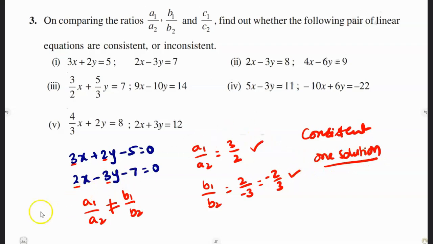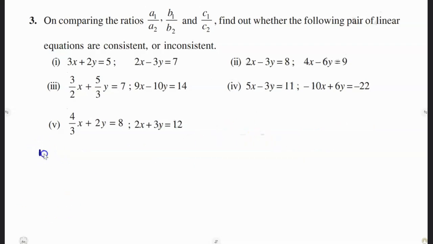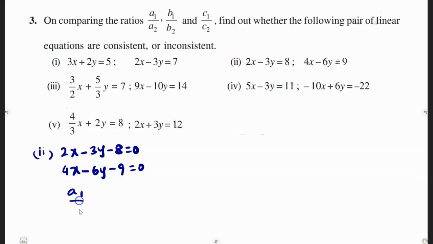Coming to the second one. In the second question also, let us rewrite the equations as 2x minus 3y minus 8 equal to 0, and the second equation as 4x minus 6y minus 9 equal to 0. These are the two equations. Now here a1 by a2, the coefficients of x, is 2 by 4.